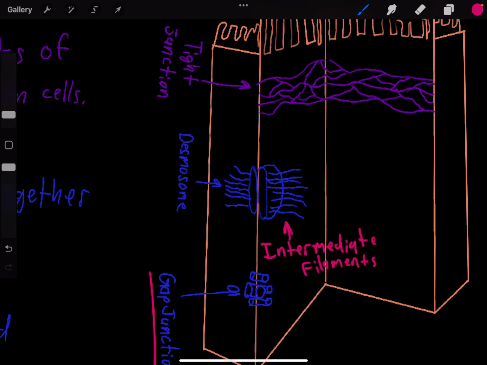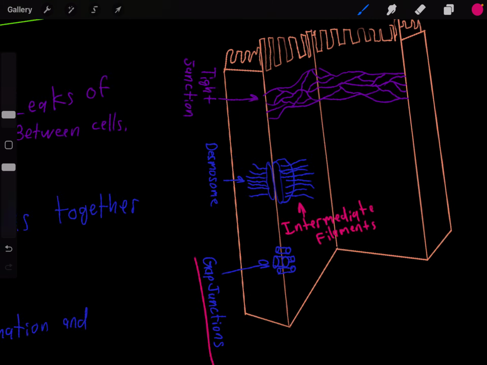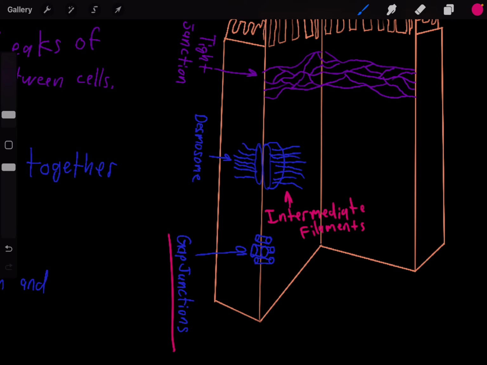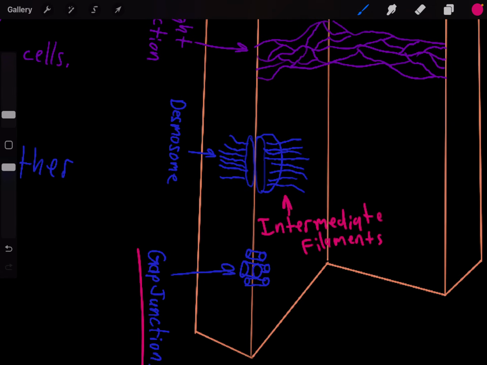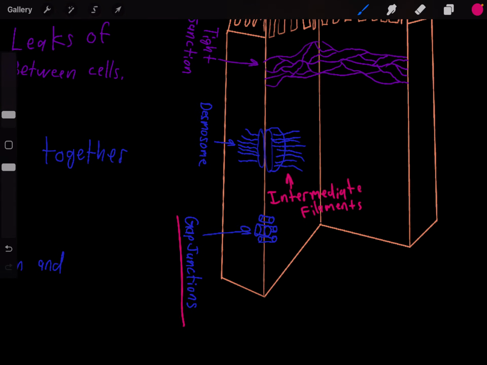The desmosome basically holds the cells together. It solders the cells together so they don't move around, and we can have tissue and stuff like that. Like muscle tears. When you have muscle tears, these desmosomes will probably break, and that's how muscle tears happen.